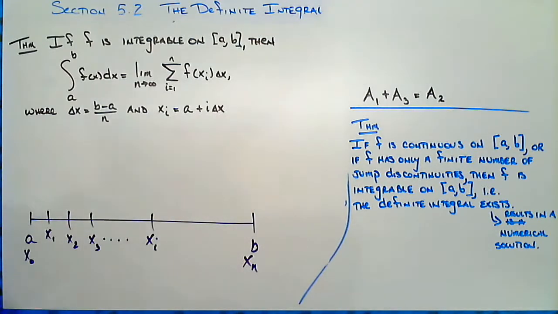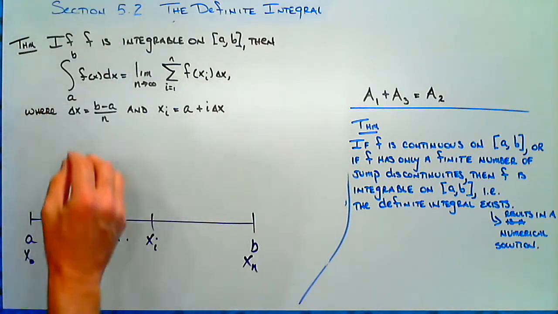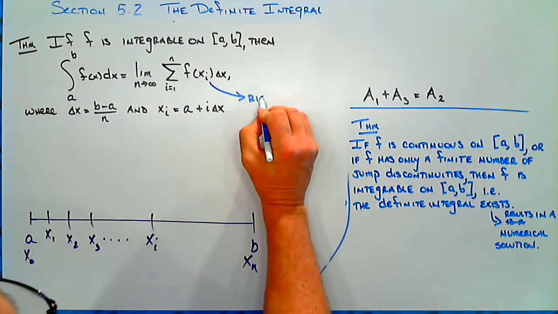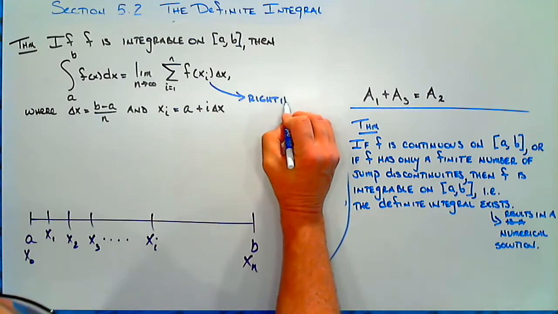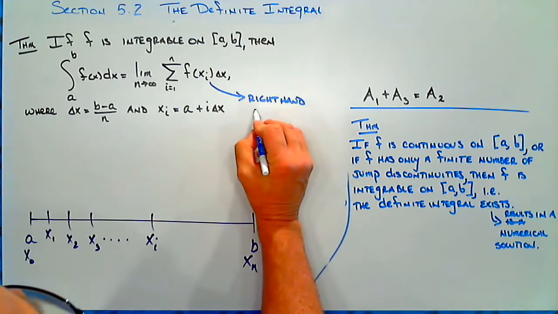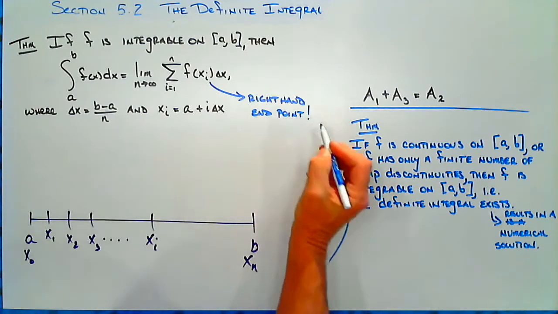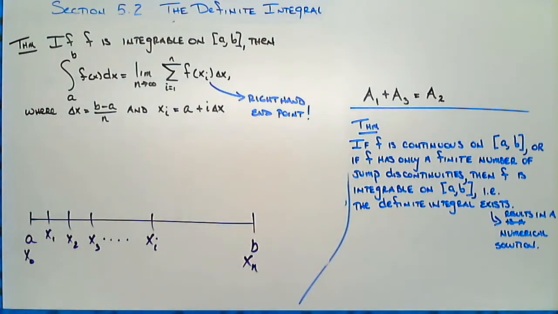x sub i is a right-hand endpoint. What the theorem is saying is we can use right-hand endpoints. Okay? We can use right-hand endpoints.